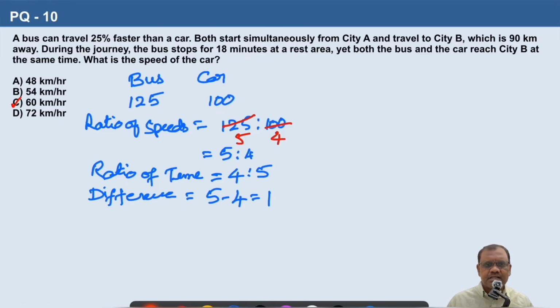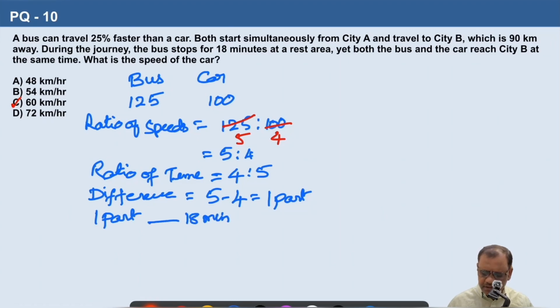So the difference is 1 part. 1 part is the difference between the timings of both bus and the car. According to the question, the time is 18 minutes. So this 1 part is equal to 18 minutes.